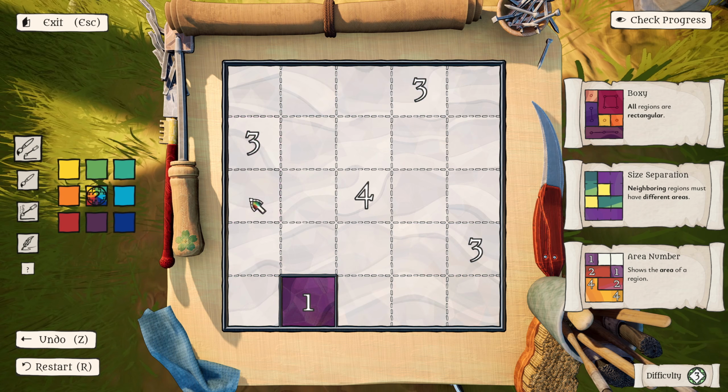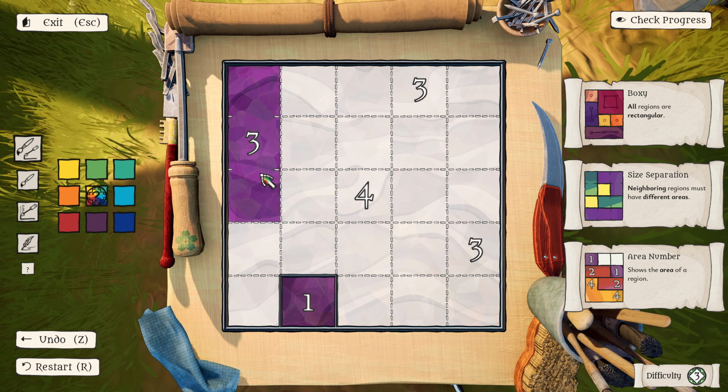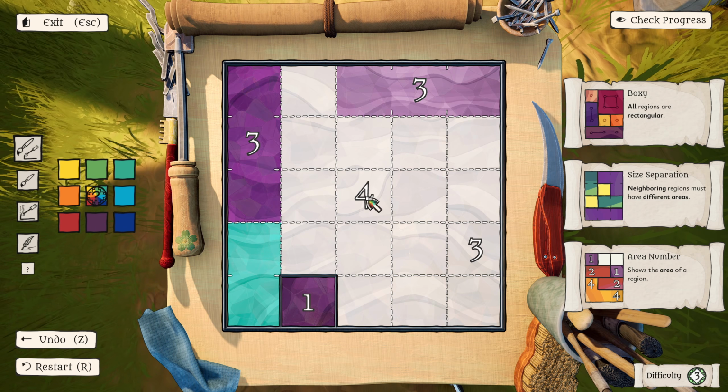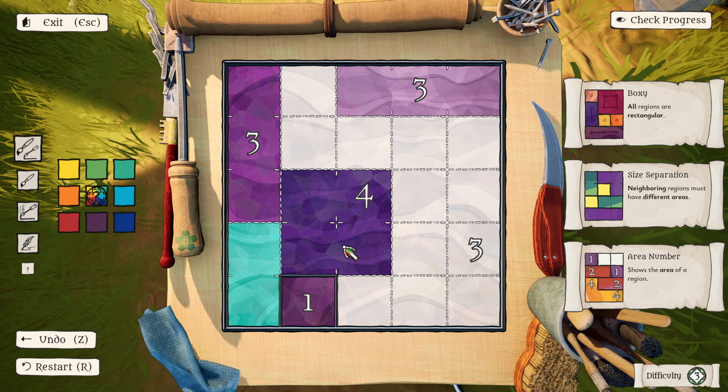Hold on. Hold on. Oh, you could be there. Then that would have to be a 2. I like the idea of this 2.